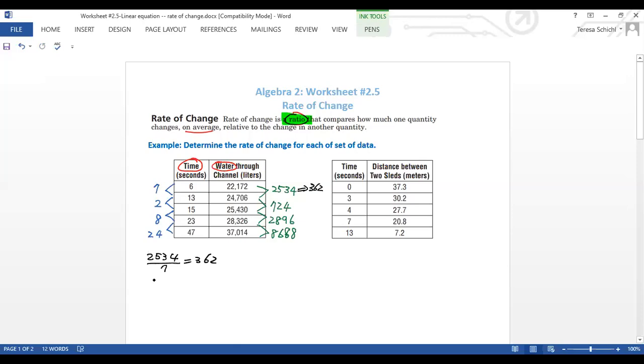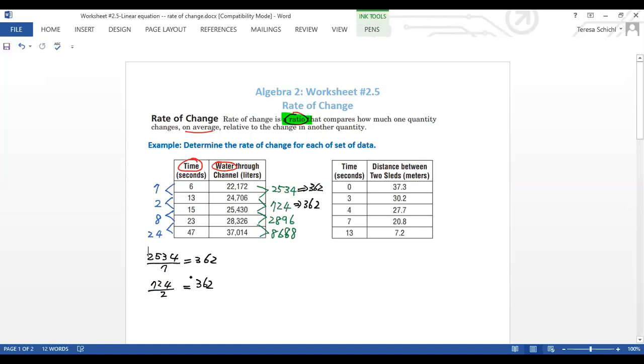Then the next one here is 724, corresponding to the time change of 2. So you divide by 2, and you get 362.